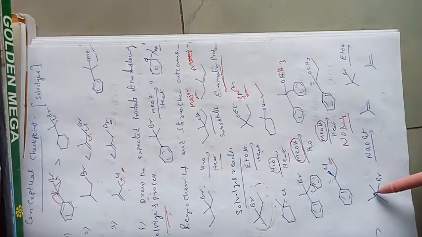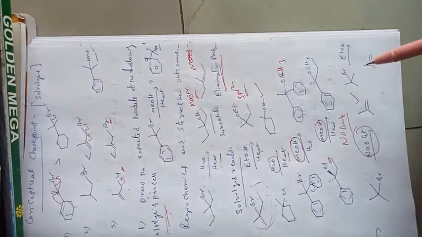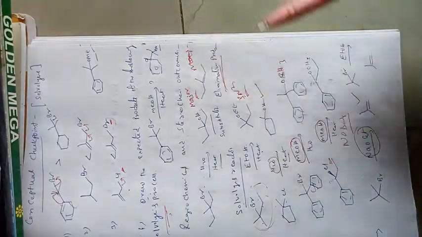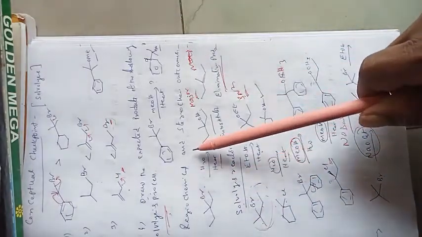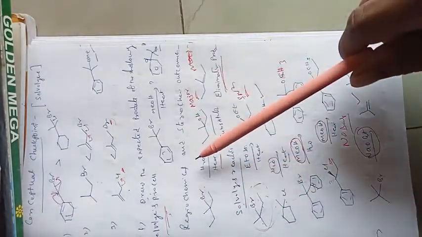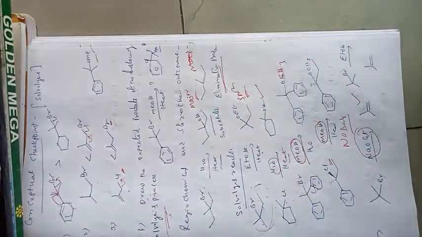Once the tertiary alkyl halide is in the presence of a strong base, then the elimination reaction is predominant. So what we understood, regarding the regiochemistry and stereochemistry aspects of the tertiary alkyl halide, is that without base, with a very weak nucleophile, a substitution reaction is possible. Please note down, these are the examples.